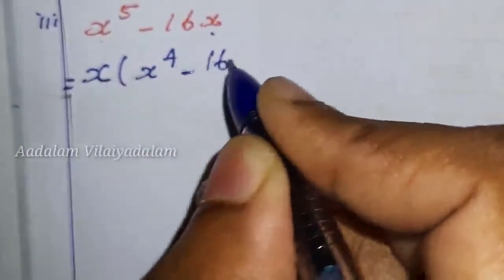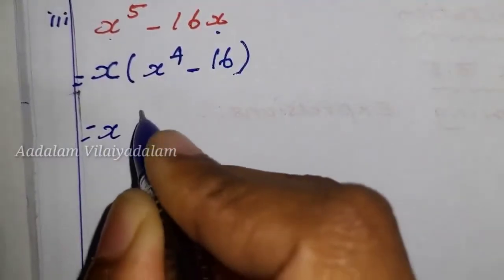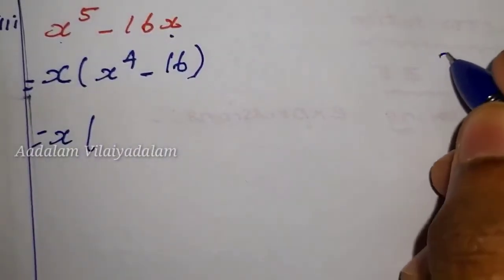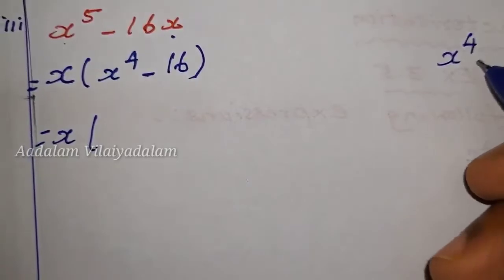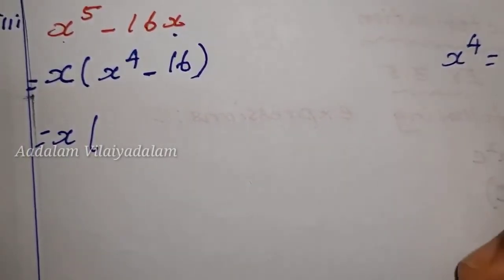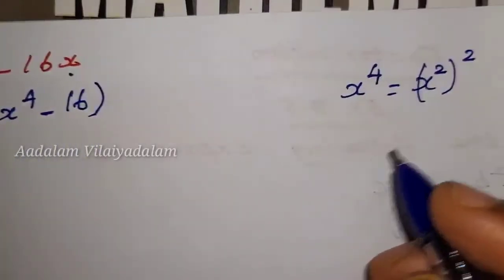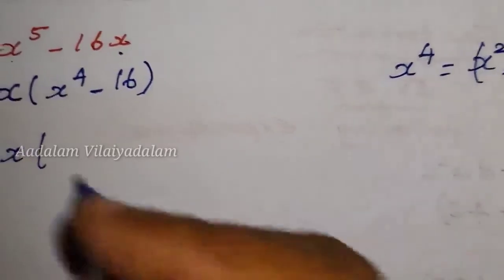Already we take x. Now x into, x power 4 can be replaced by x square the whole square. So x power 4 is nothing but x square the whole square.